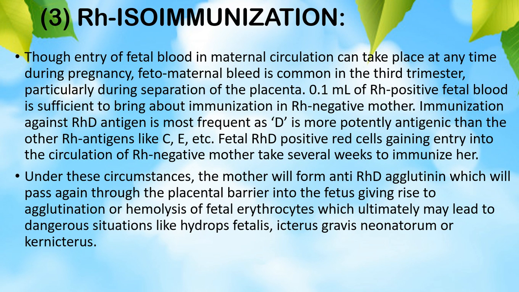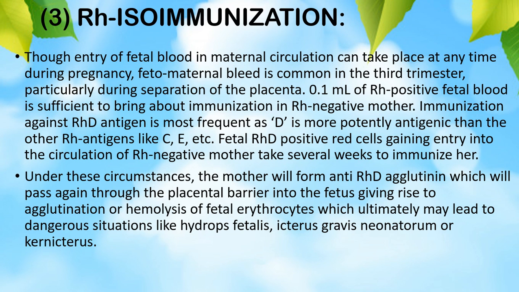Immunization against the RhD antigen is most frequent, as D is more potently antigenic than the other antigens like C, E, etc. Fetal RhD positive red cells gaining entry into the circulation of an Rh negative mother take several weeks to immunize her.